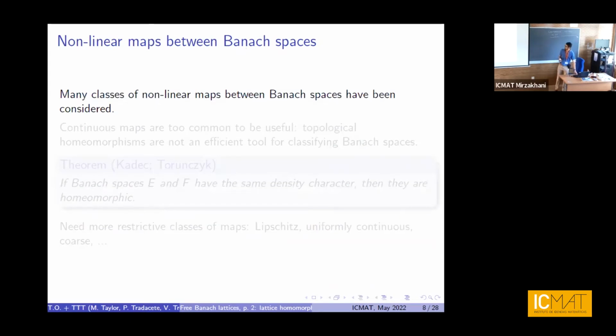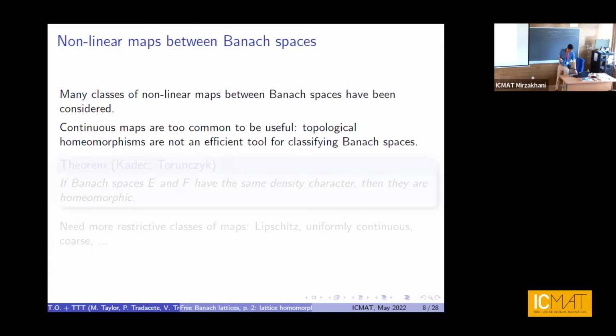It's just so that we will have an analogy and maybe understand some of the motivation. So of course we know that the nonlinear theory of maps between Banach spaces has its roots, I think, in the 70s, and actually earlier, in the 60s.